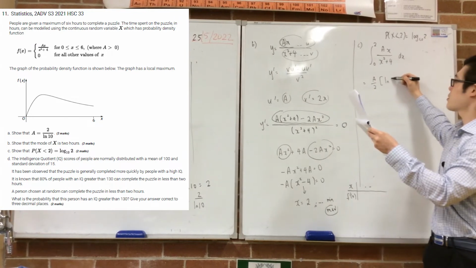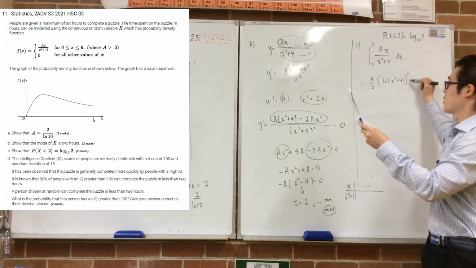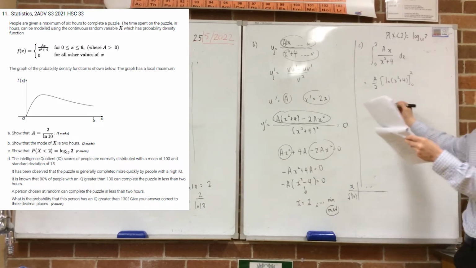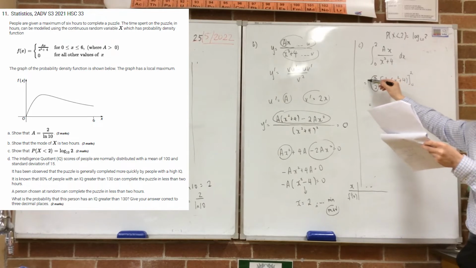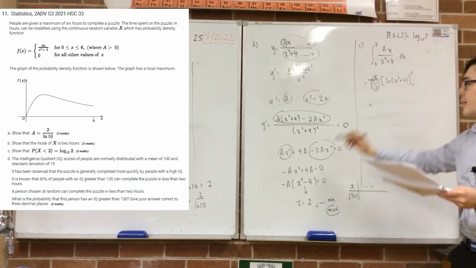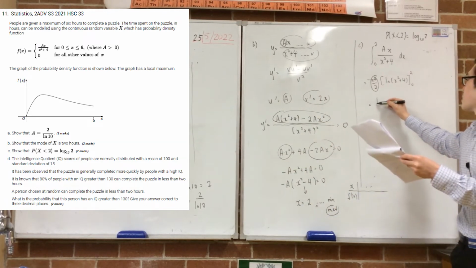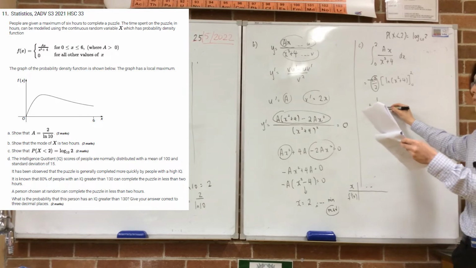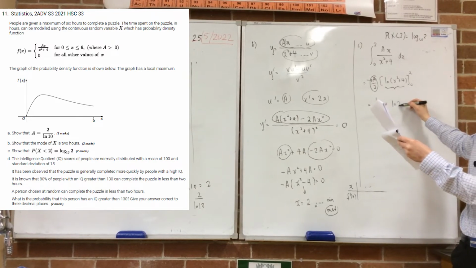You know what this is? Oh, yeah, girls, this is what I wanted to point out. What's my A? 2 over 10. That's going to cancel out with the 2 at the bottom, isn't it? So is this all right? 1 over ln 10. Good. Now, if you substitute this bit, you're going to get ln 2 as well.